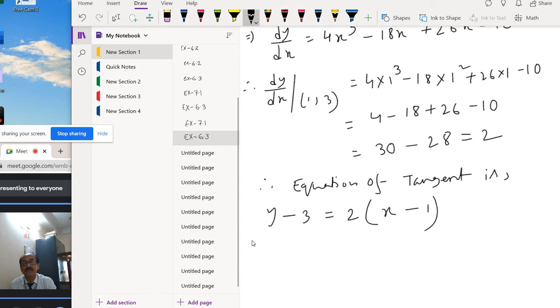So y minus 3 equal to 2x minus 2, so y equal to 2x plus 3 minus 2.